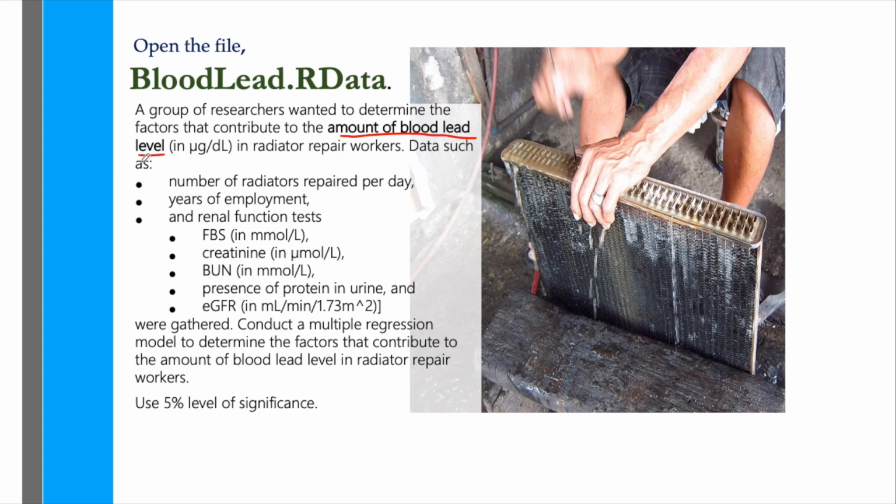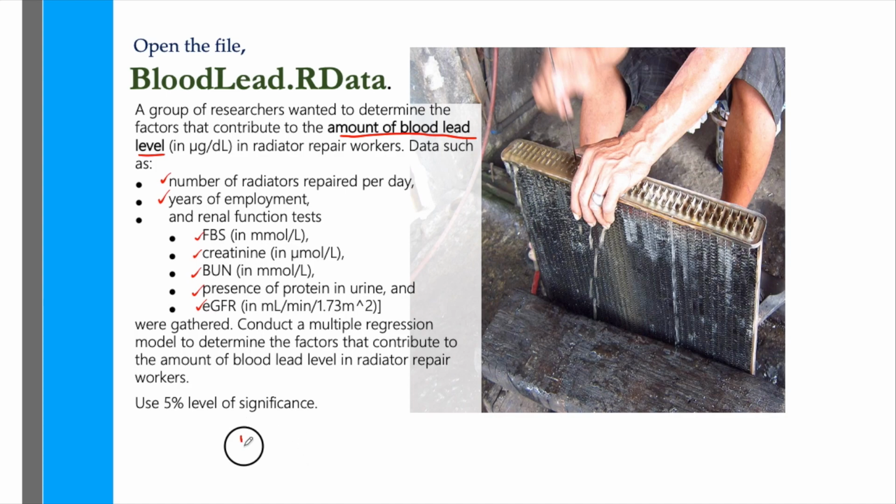They gathered data such as the number of radiators repaired per day, the number of years being employed as radiator repair worker, and some renal function tests such as the FBS, creatinine, BUN, presence of protein in urine, and the eGFR. Conduct a multiple regression model to determine the factors that contribute to the amount of blood lead level in radiator repair workers. Use 5% level of significance.